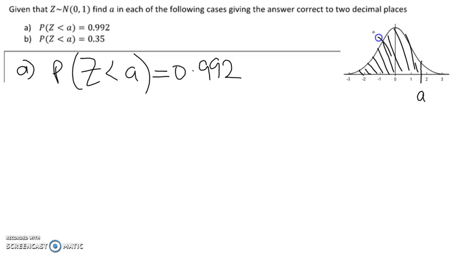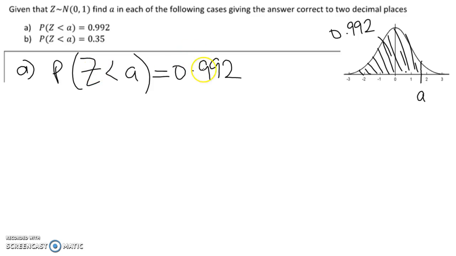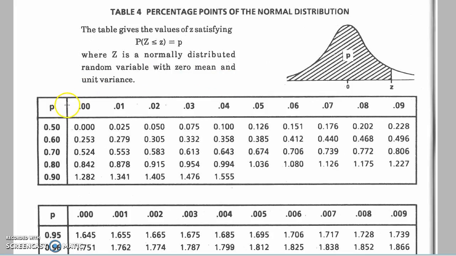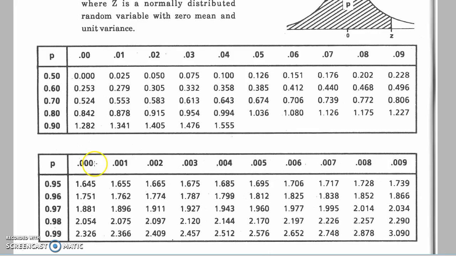The important thing is that 0.992 is the area, which is the probability. So we're going to the percentage points tables looking for a probability of 0.992. This first table gives us probabilities to 2 decimal places, and the second table gives probabilities to 3 decimal places.